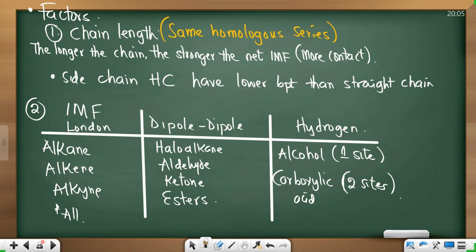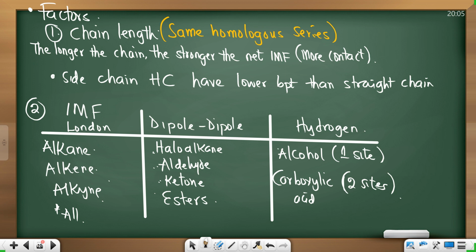All right. Let me explain what this table tells you. Haloalkane has London and dipole-dipole. Aldehyde has London and dipole-dipole. Ketone has London and dipole-dipole.